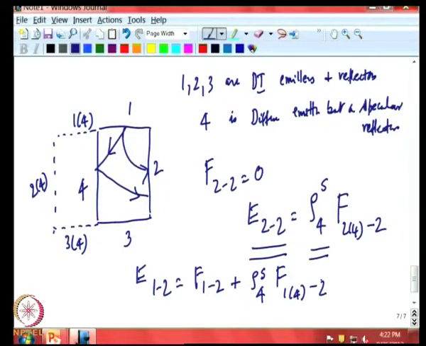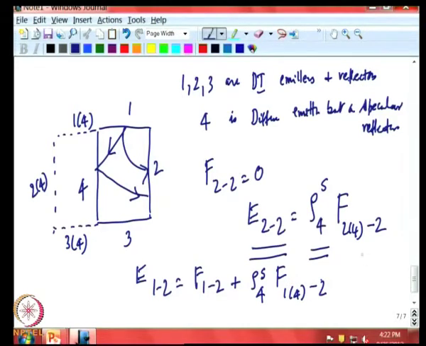So, E12, the total radiation reaching 2 from 1 either by the direct path or by the reflected path, is defined as E12 equals F12 plus rho 4 specular times F1 bracket 4 to 2.